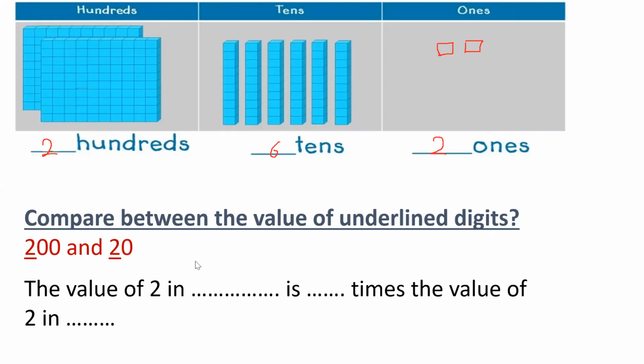Compare between the value of the underlined digits of the two numbers here, 220. So I want to compare here between the 2 in the hundreds digit and the 2 in the tens digit.